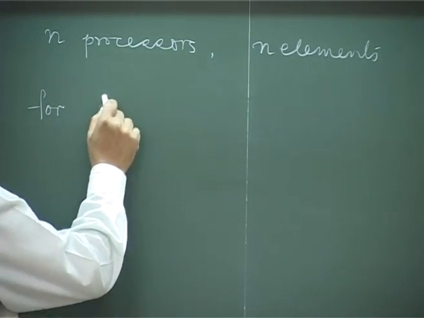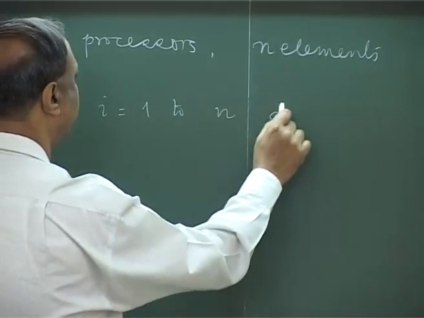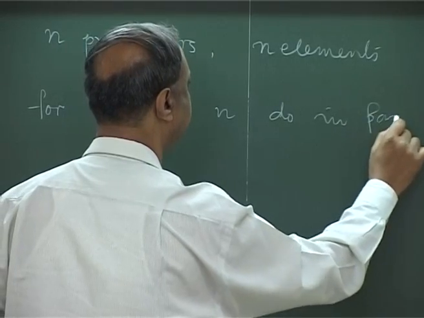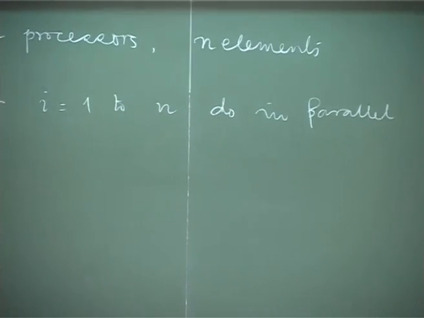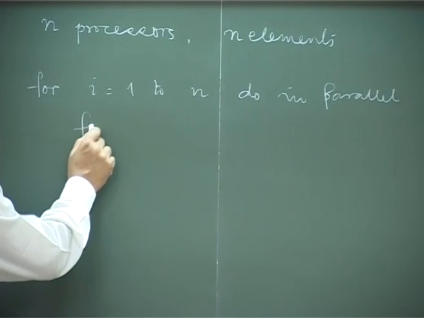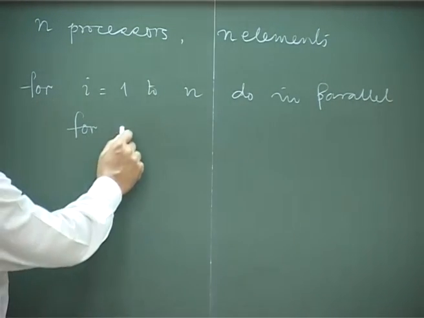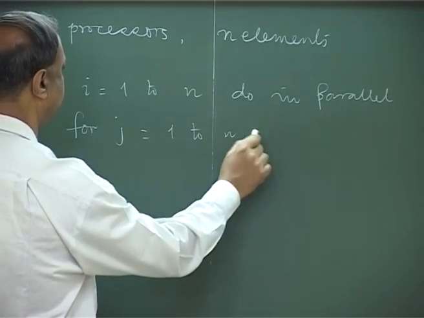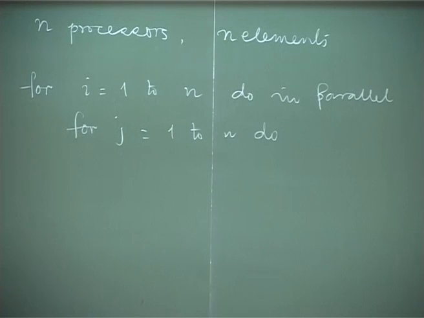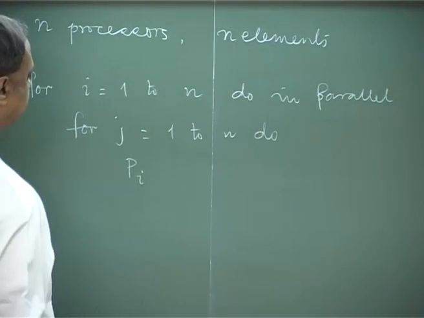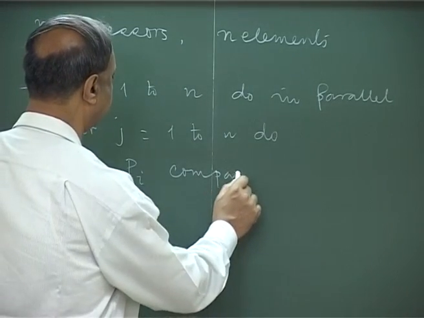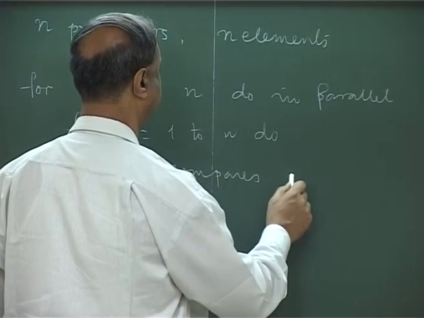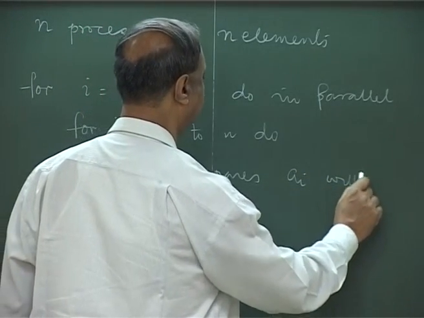For i equals 1 to n, do in parallel, Pi compares Ai with Aj.